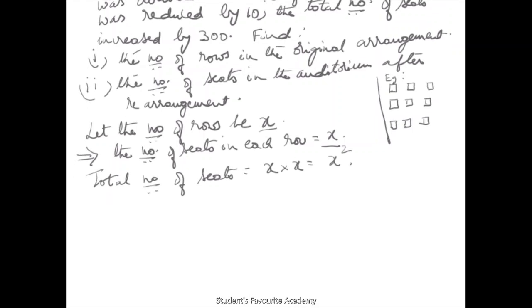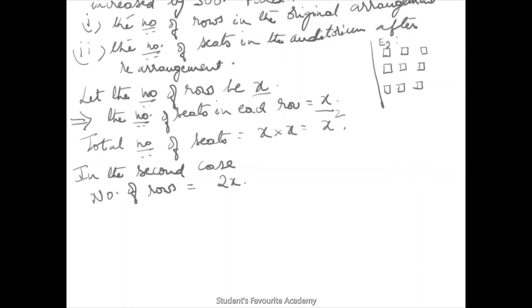Now in the second case, the number of rows is doubled. So number of rows is 2x. Earlier it was x, so now it is double, 2x. Now, the number of seats is reduced by 10 in each row. So number of seats in each row is equal to x minus 10.